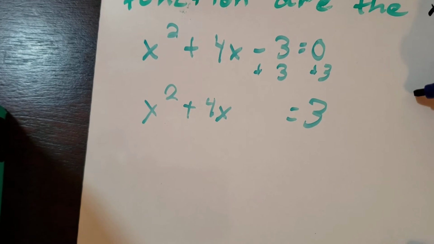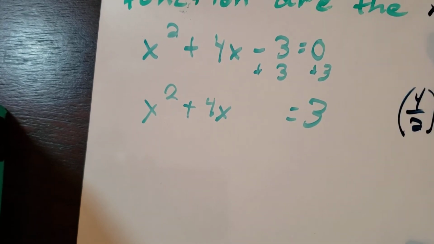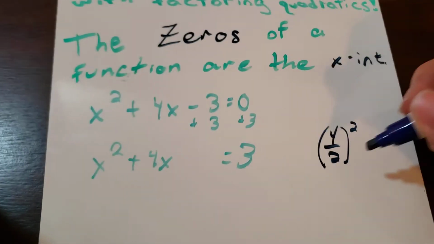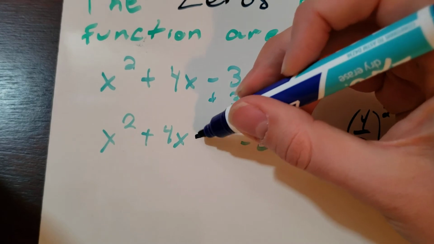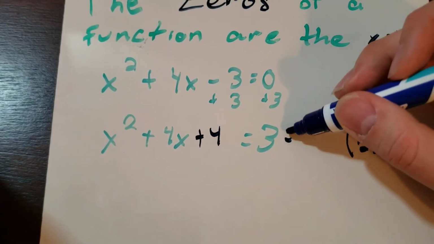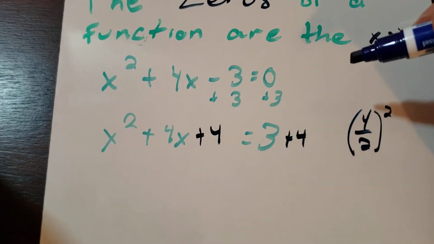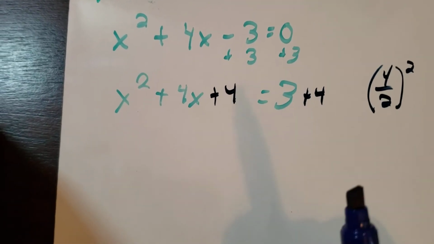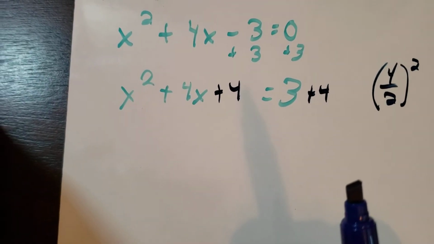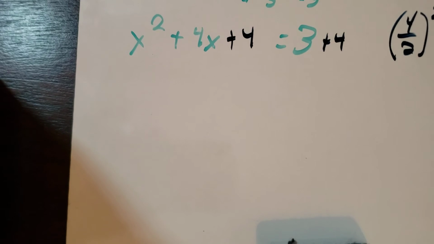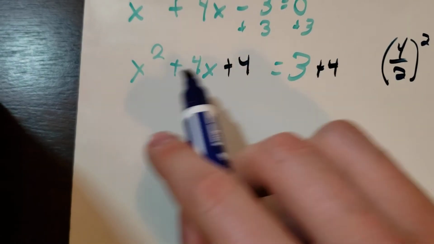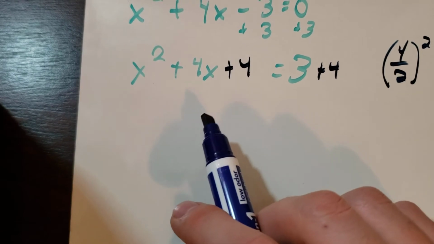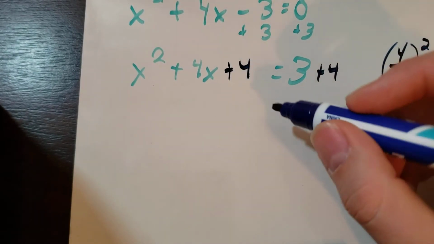So my 4 over 2 squared, 4 divided by 2 is 2, 2 squared is 4, so I'm going to add 4 to both sides of the equation. Okay? But what this is going to do is it's going to allow me to factor this side and have it equal 7.